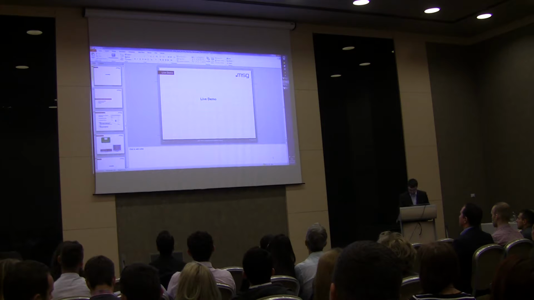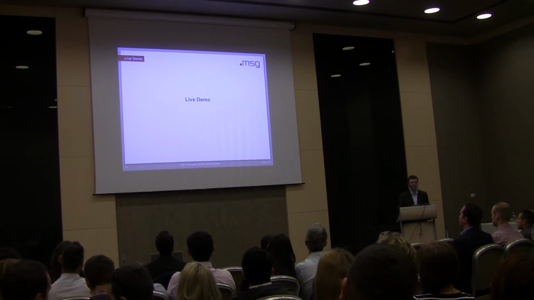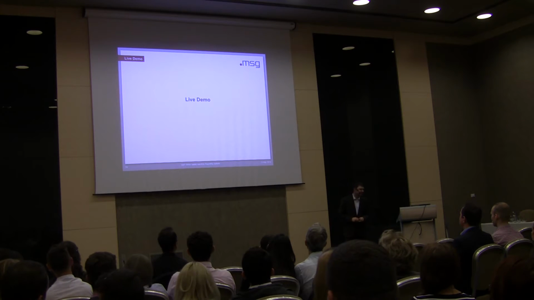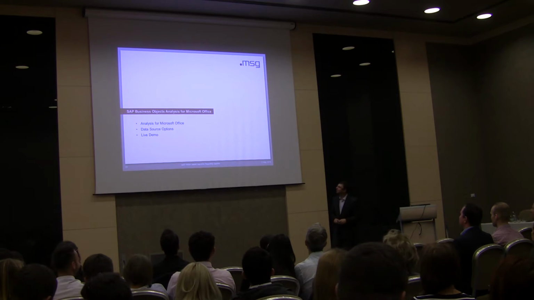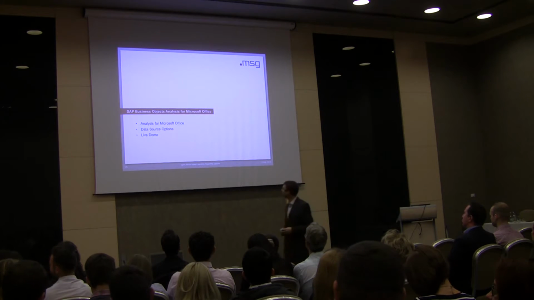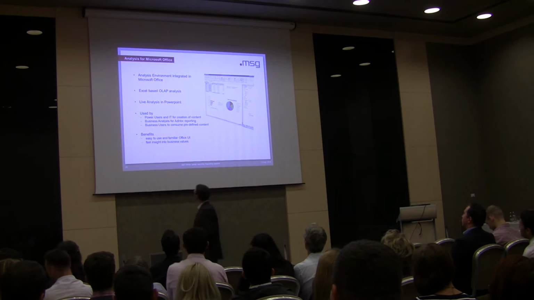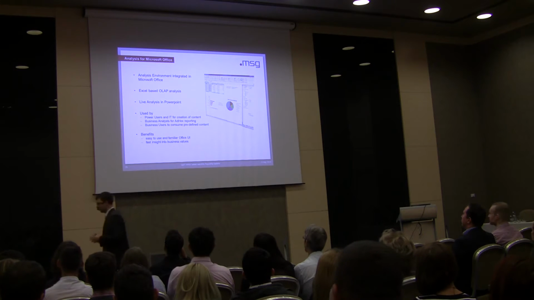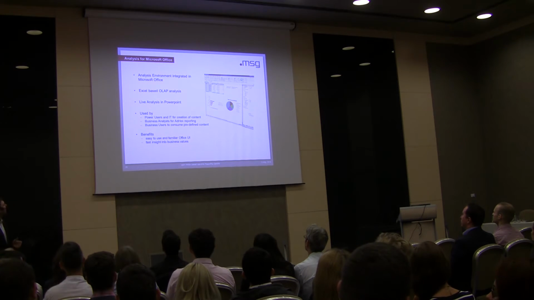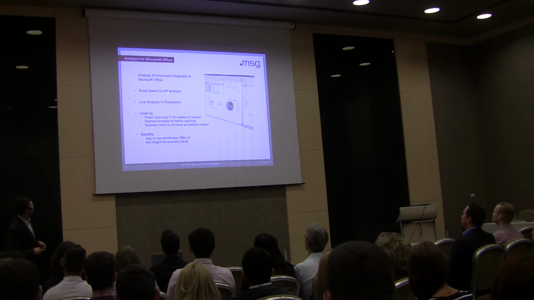Okay, that was it for the classical world, for the old school developers. Come to the next point: the business object tool called Analysis for Microsoft Office. It's a component which is delivered by SAP, which has to be installed, and which really integrates into Microsoft Office.